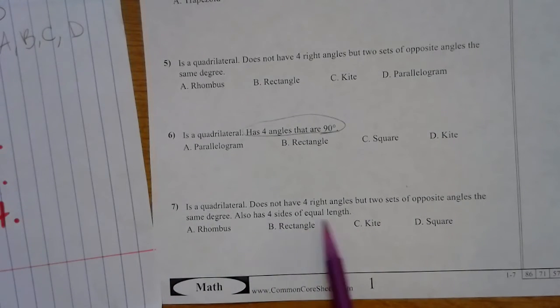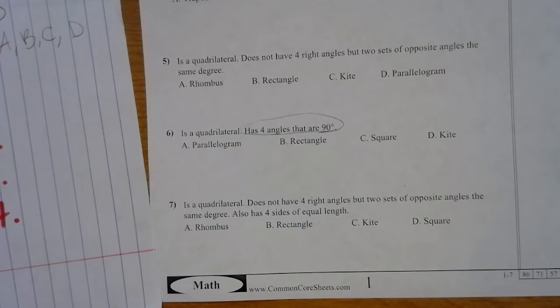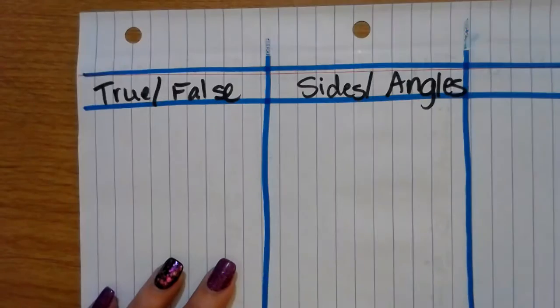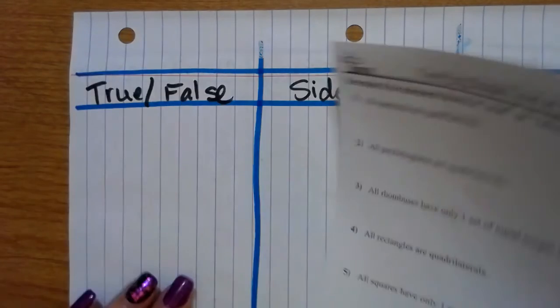Also has 4 sides of equal length. Okay, so answer all of those on classifying shapes. At that point, you should have this whole side filled in. Flip it over and go to true, false. And here is our true, false.